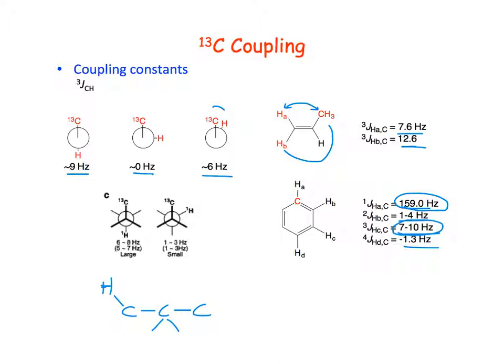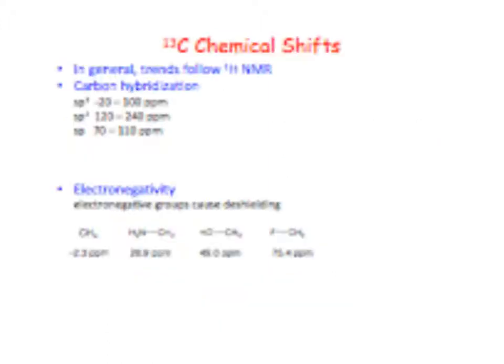But if we can use this 3-bond coupling, then we can see past the quaternary carbon. Or if we have something like an oxygen or some heteroatom in there, again, it has no protons on it, so we can't just look at proton couplings, but we can see past the heteroatom and see that coupling and link those pieces together. So this becomes useful.